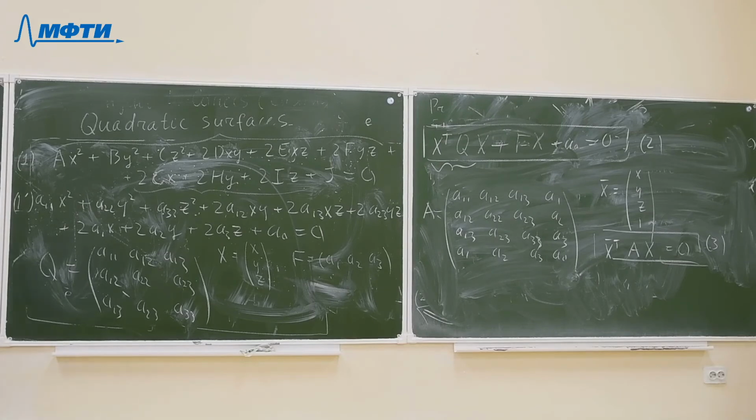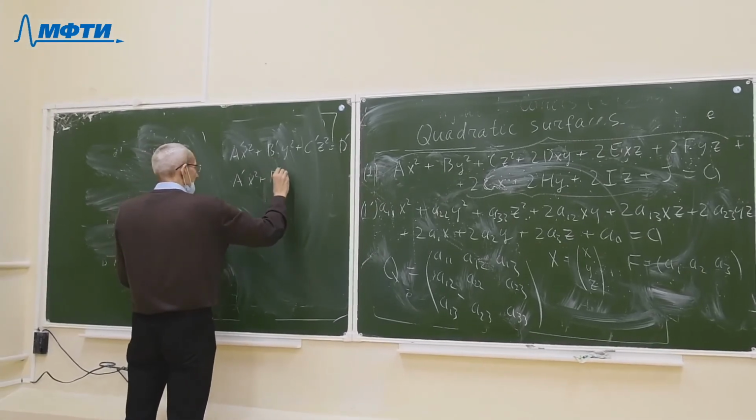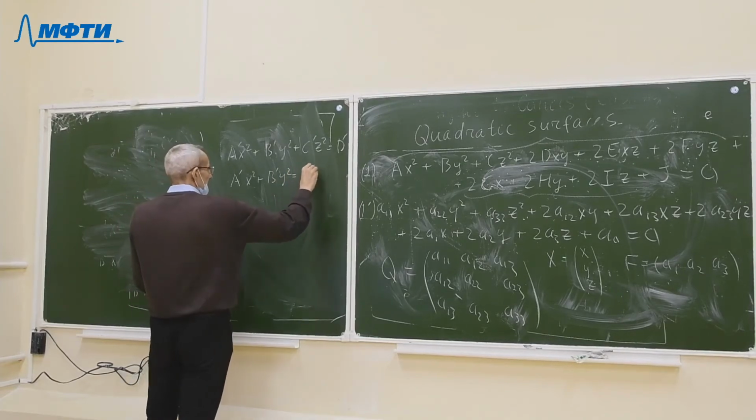Using rotation in the space and vector shifts, we can obtain the following equations for the quadratic surfaces: in the form a prime x squared plus b prime y squared plus c prime z squared is equal to d prime, or in the form a prime x squared plus b prime y squared is equal to c prime z.